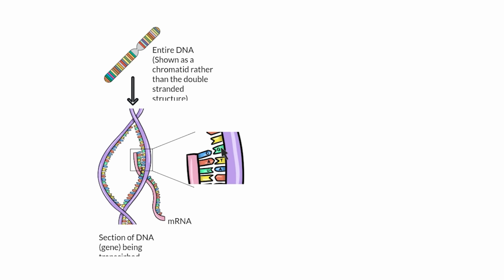For example, the triplet code ATG, which is adenine, thymine, guanine, on the DNA codes for the amino acid tyrosine. Its complementary codon, which would be UAC on the mRNA, will also code for tyrosine. Remember here, adenine is pairing up with uracil on the mRNA, since RNA doesn't have thymine. The thymine is pairing up with an adenine and the guanine with a cytosine.